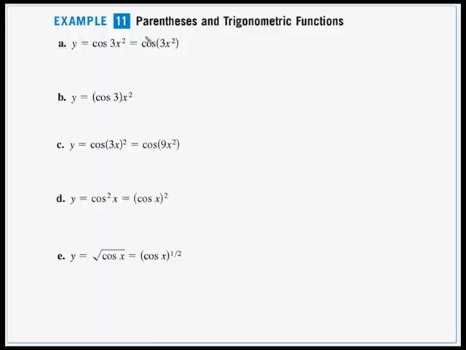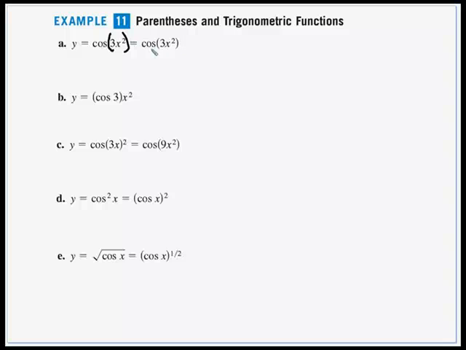So here in example 11, it says parentheses and trig functions. So we're going to focus in on what parentheses do to these derivatives. Here in the first one, letter A, y equals the cos of 3x squared. And that 3x squared is a quantity, so we can sort of parenthesize it off again to make it pop out, and we realize that that's an inner function of a composite, and we will need to take its derivative.